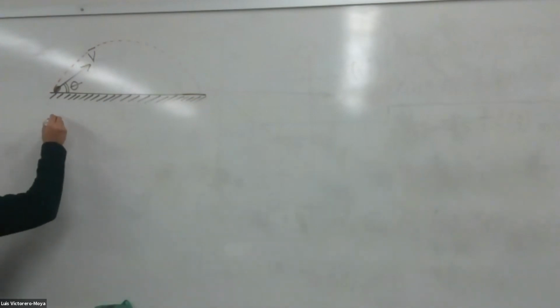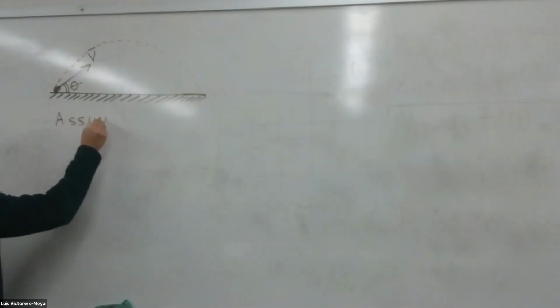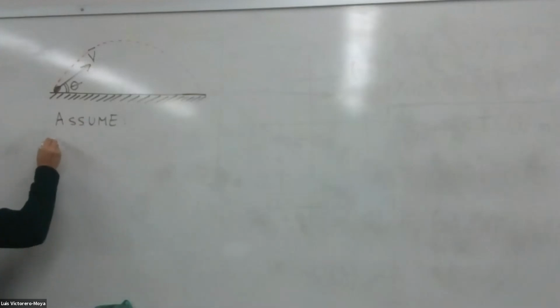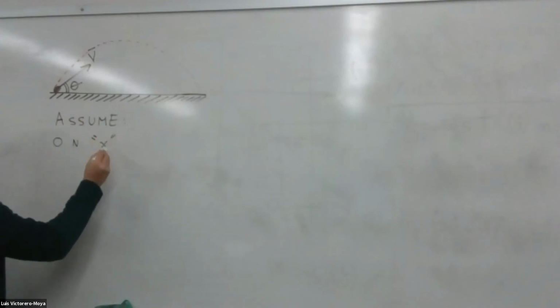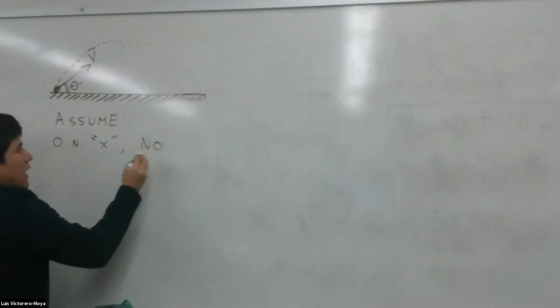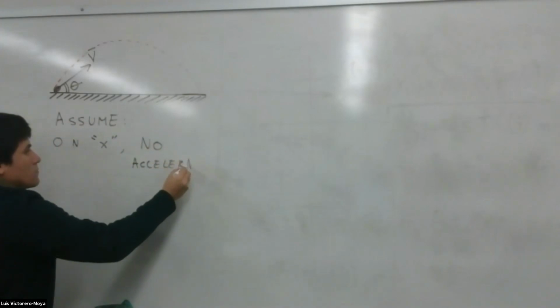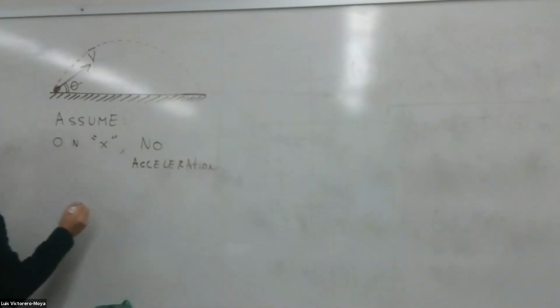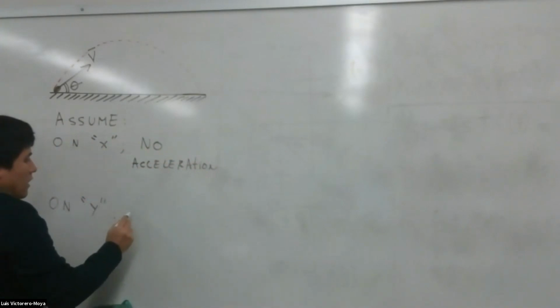So for projectile motion, we are going to assume the following: that on x, in the horizontal, there is no acceleration. On y, we want to say that there is just gravity.